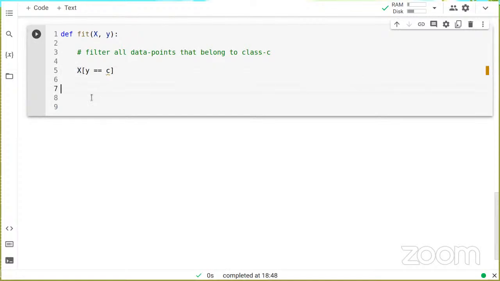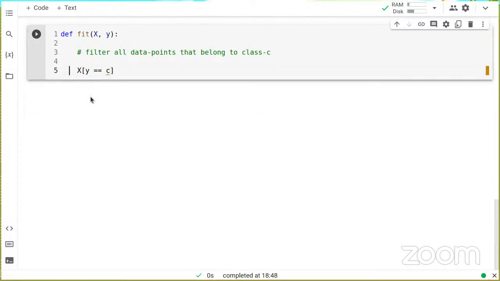Everything depends on this now. This is quite powerful in NumPy, isn't it? Yes, this is a very powerful thing.